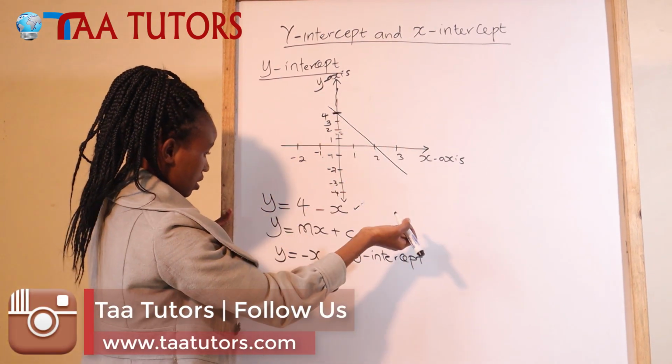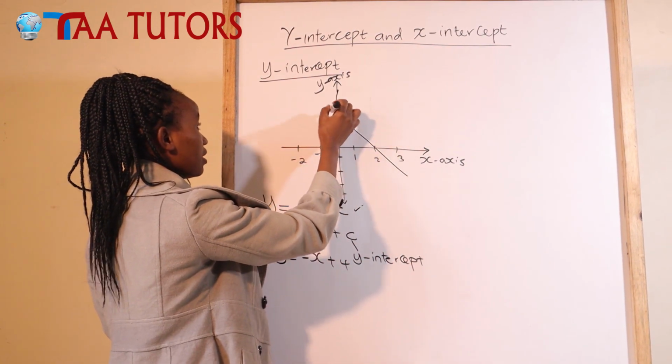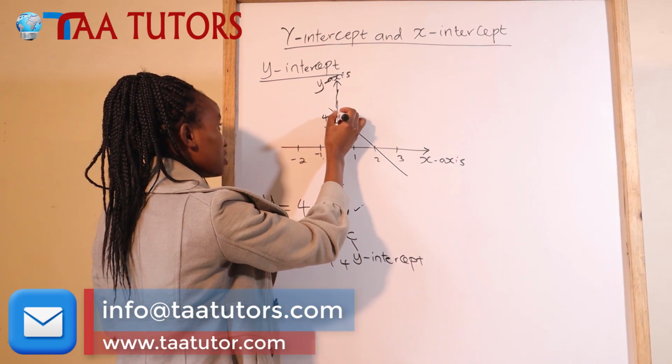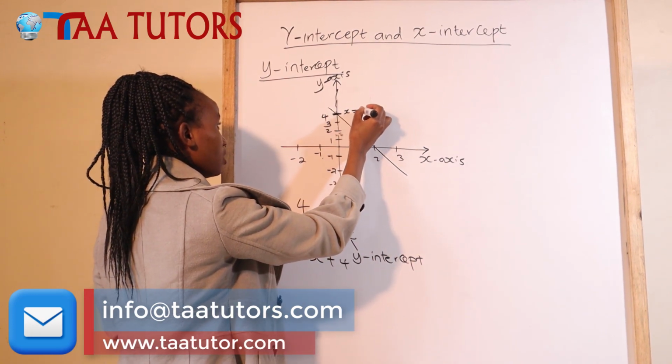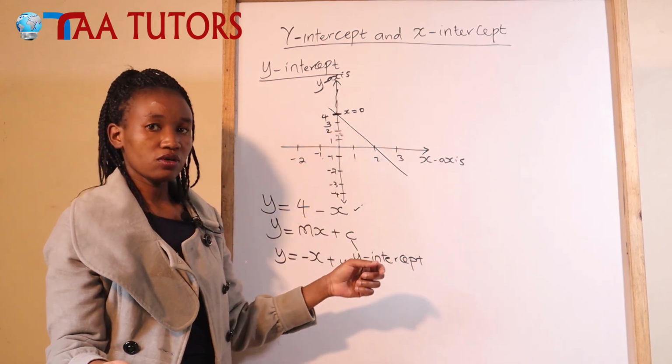If this is my line, and it cuts the y-axis at 4, it means that here the value of x is equal to 0. The value of x at the y-intercept is always 0.